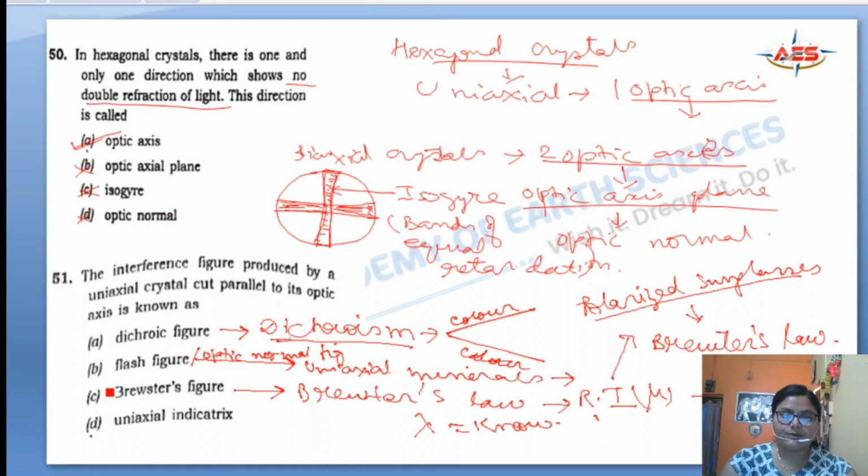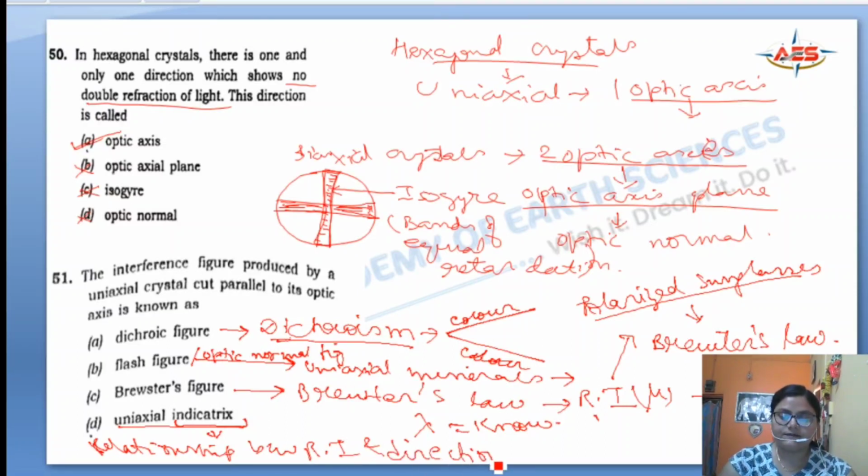Now in the case of the uniaxial indicatrix, look, what the indicatrix figure shows is the relationship between the refractive index and direction.